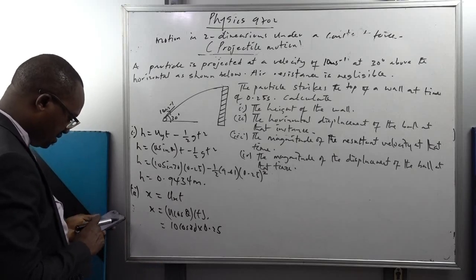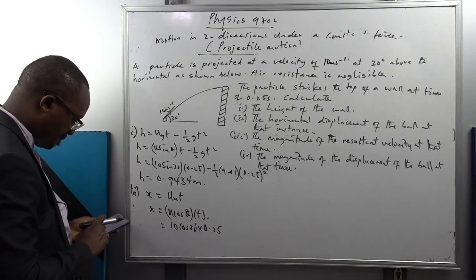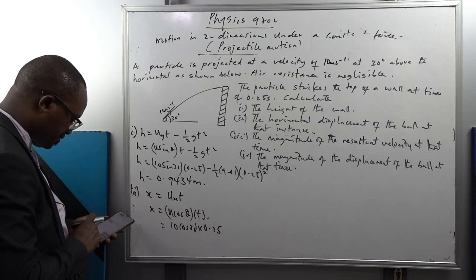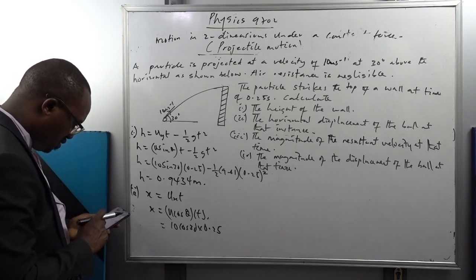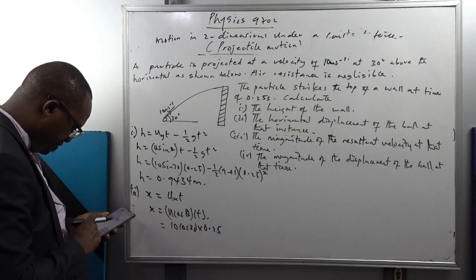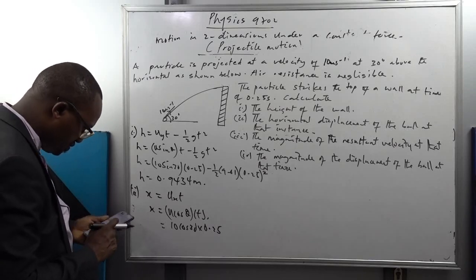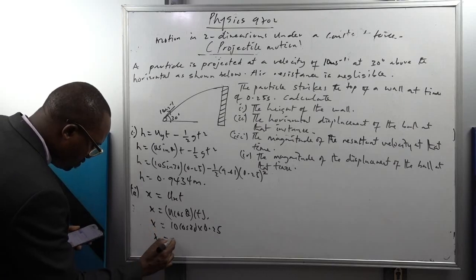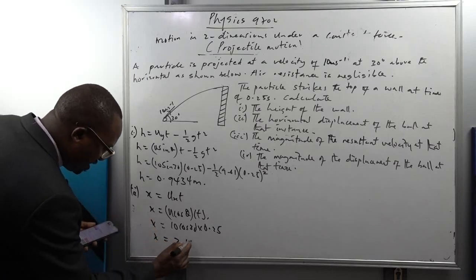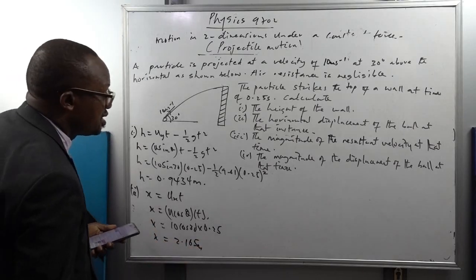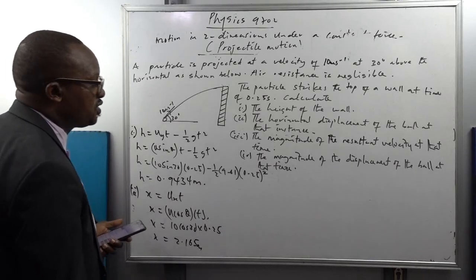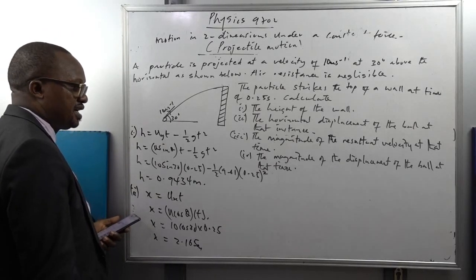So if you do that, we are going to have 10 cos 30, you close the bracket, times 0.25. This is going to give you 2.165 meters.